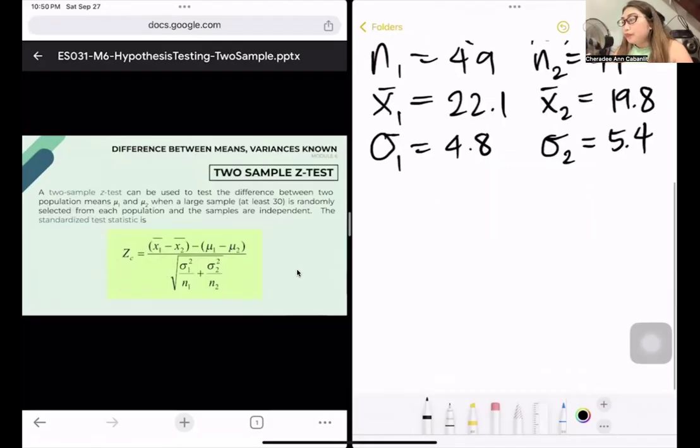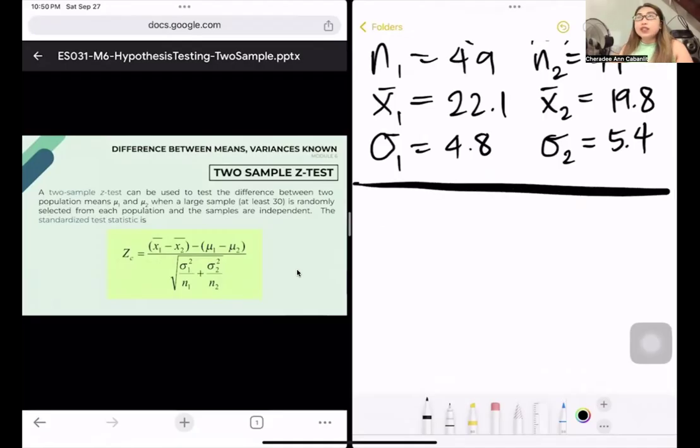That's step 2, no? Step 3, obviously, since we're going to use Z here, we do not care yet if the variances are equal or not, because the n is greater than 30. Automatically we will use Z. So therefore, we now compute or get the Z table value. So the Z table value is positive.